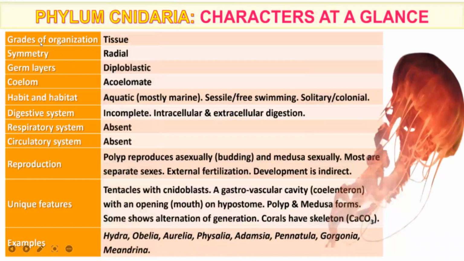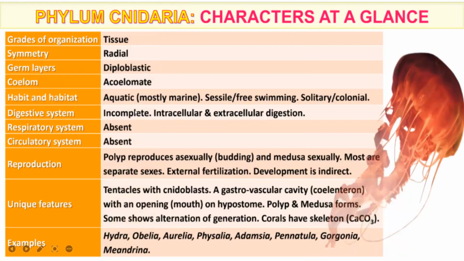Let's revise it. Grade of organization: tissue. Symmetry is radial. Germ layers: it is diploblastic. Diploblastic means two layers, ectoderm and endoderm. Coelom: it is acoelomate. There is no cavity between the gut and the outside body. Habitat: they are mostly aquatic, sessile or free living, solitary or colonial.